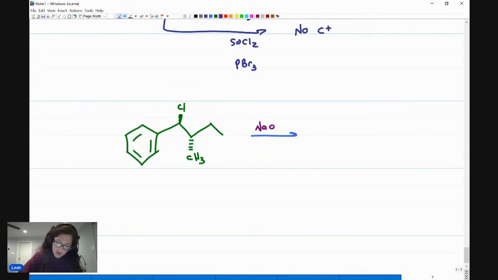So we have NaOEt and EtOH and heat. What do you think? First, do you think this is easy, medium, or hard?